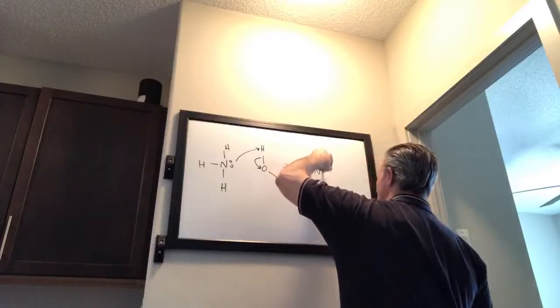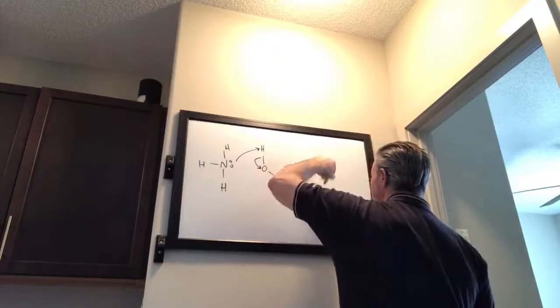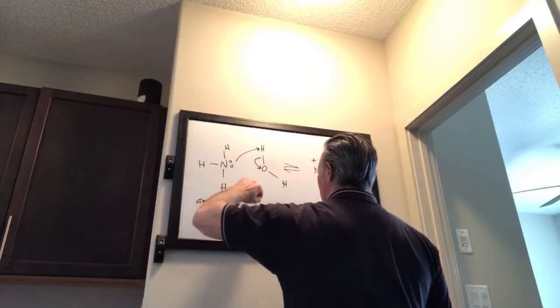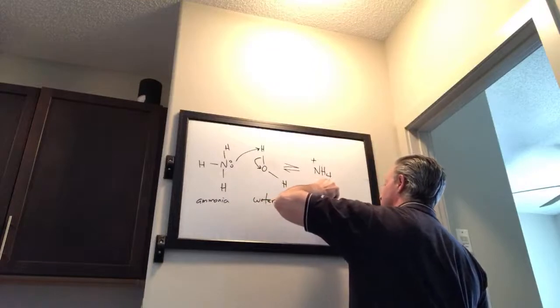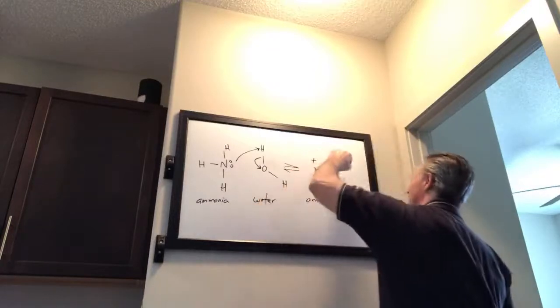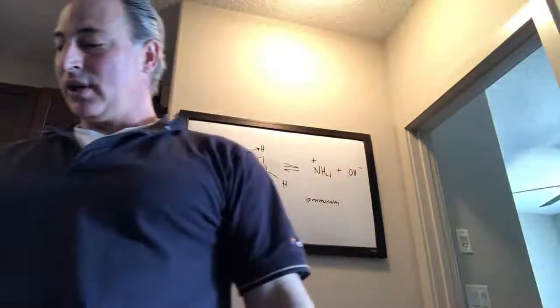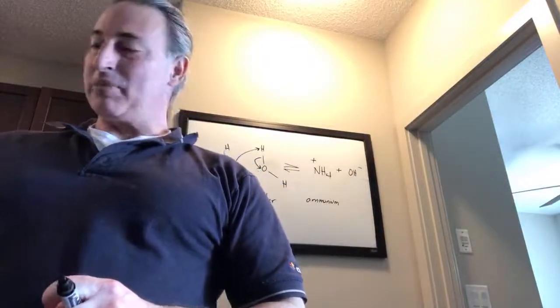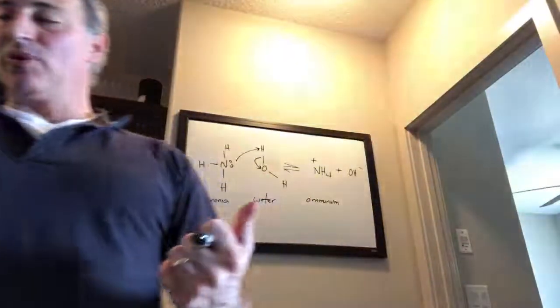So what you get is the conjugate acid of ammonia, which is ammonium. Here's ammonia, here's water, then you get ammonium, and the water, having lost the proton, becomes OH minus. So the presence of ammonia in aqueous solution increases the concentration of OH minus, but not because the ammonia is directly releasing OH minus; it's because it's abstracting a proton from the water.